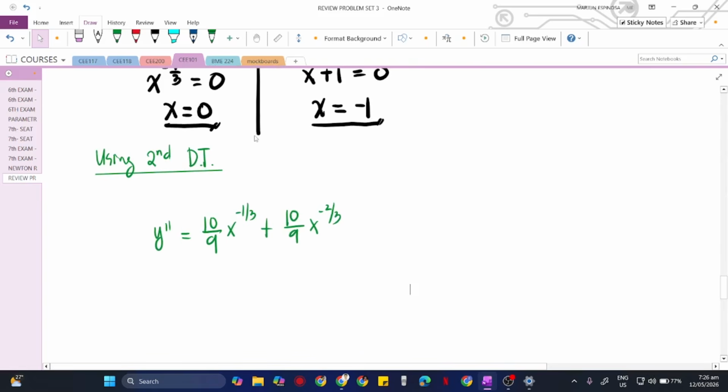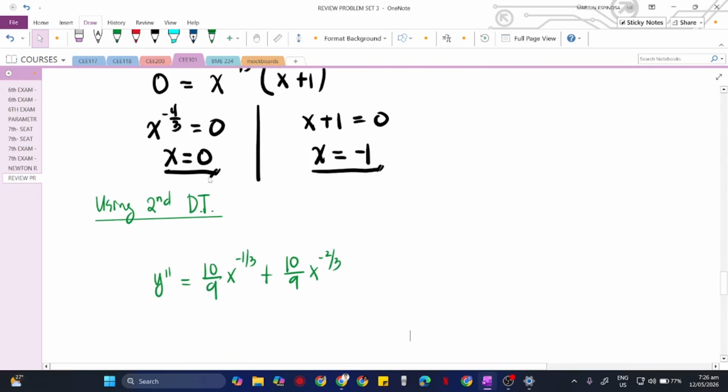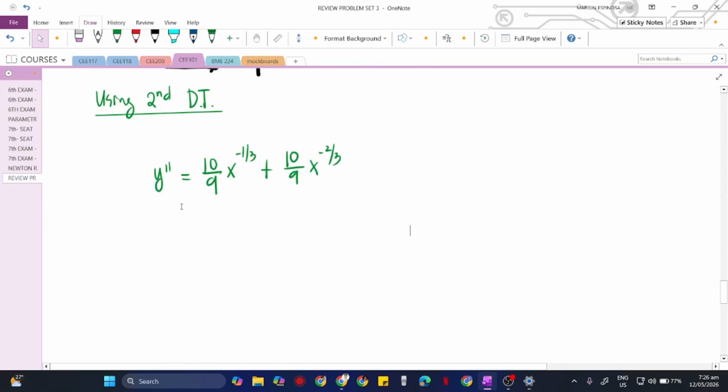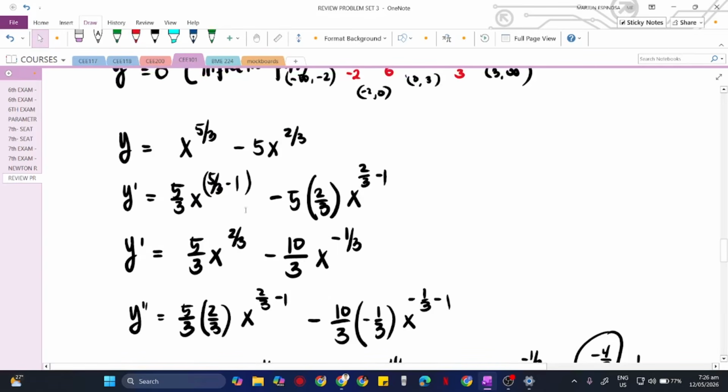So, paano natin gagawin yan? Anong values ang ipa-plug in natin dito sa ating second derivative? Ang ipa-plug in natin dito is yung mga values ng critical points. So, meaning to say, babalik pala tayo dun sa first derivative natin.